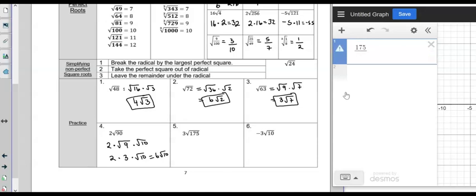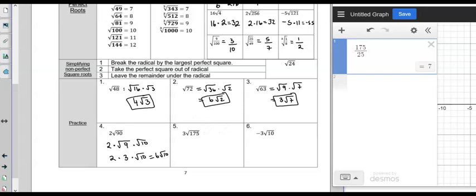175, I'll start with 144, I guess. No, it's not going to work. 121, no. 100's not going to work. 81 might work. Nope. 64 might work. No. 49, no. 36, no. 25, hopefully. Look at that, 25 worked.